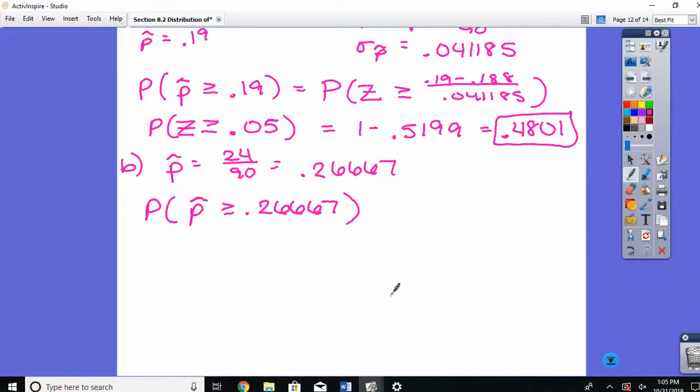And again, I did the greater than because my mean is only 18%. So 26% is bigger than that. So let's find the probability that we are larger than 26%. So change it to a z. We still have the same mean and standard deviation from part A.